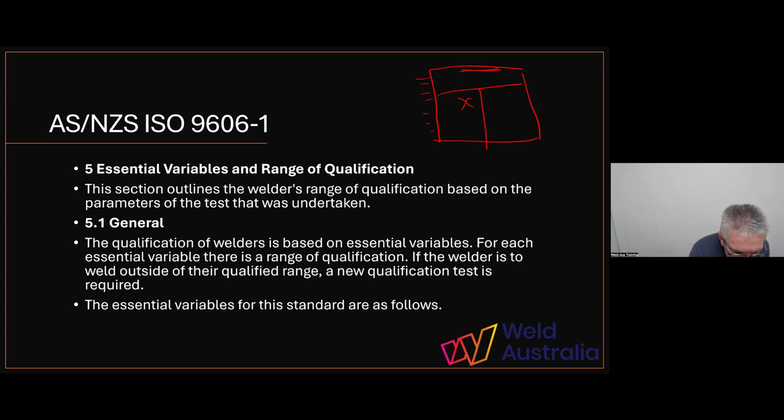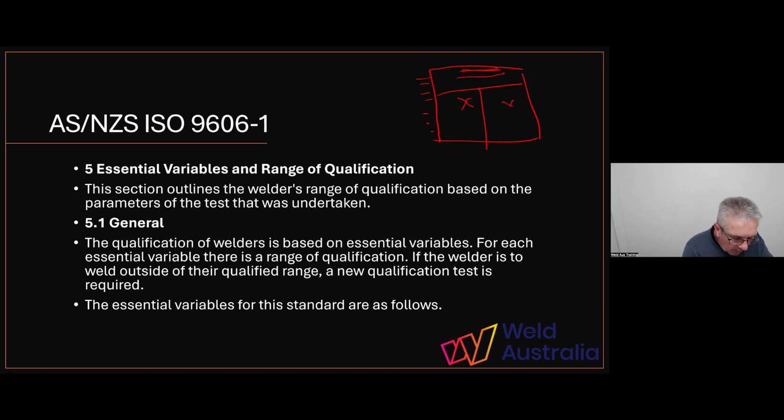And then on the opposite side is the actual range of qualification. So what we've got to verify right at the beginning when we're going through 9606 in particular is we're going to check the designation.